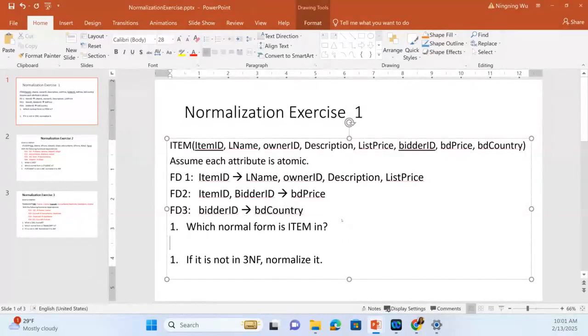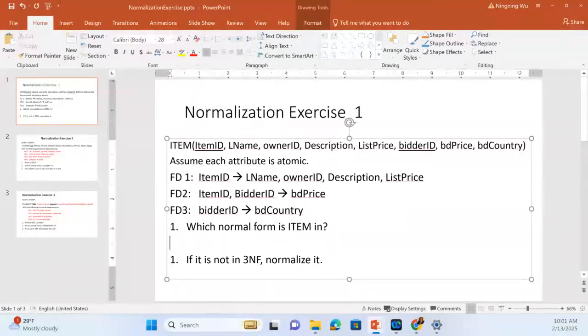Second normal form does not allow any partial functional dependency. In other words, second normal form does not allow any non-prime attribute that is dependent only on the partial key, not the whole key.